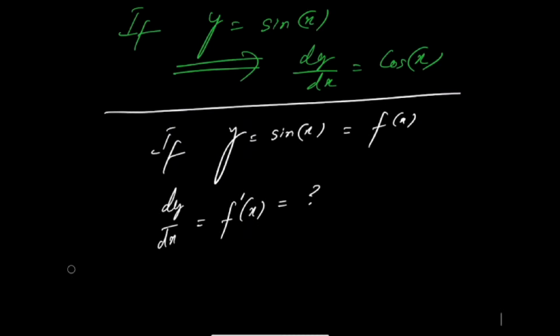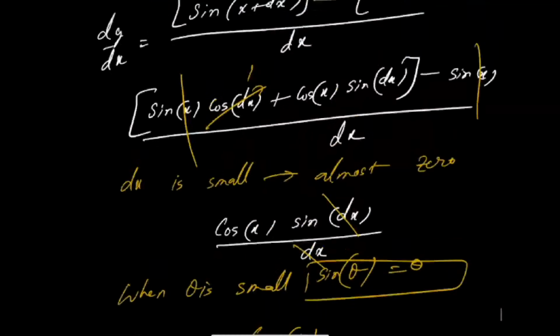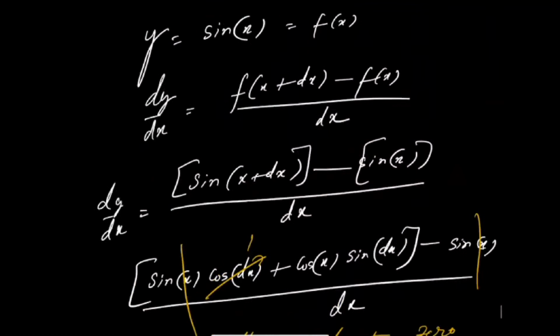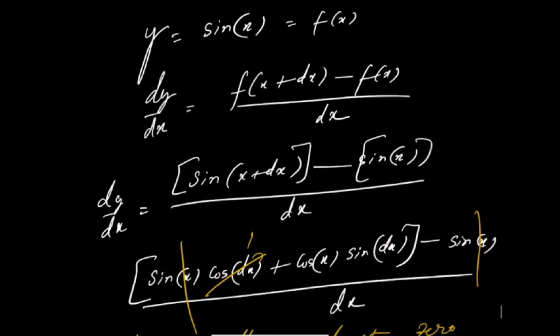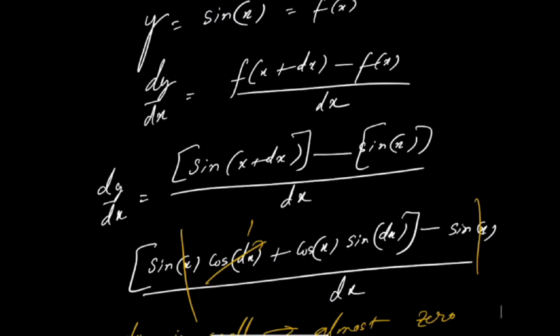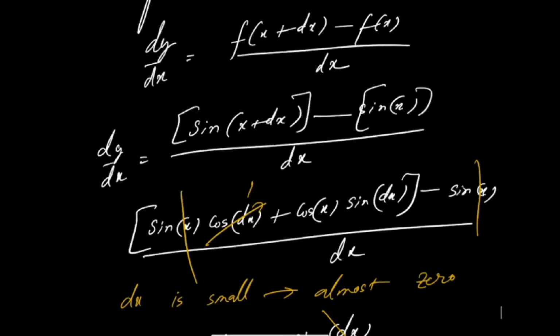So f of x plus dx is sin of x plus dx minus sin x. What is sin of x plus dx? We derived yesterday that the expansion for sin a plus b was sin a cos b plus cos a sin b. Now here you have x and dx, so you'll have sin x cos dx plus cos x sin dx minus sin x.